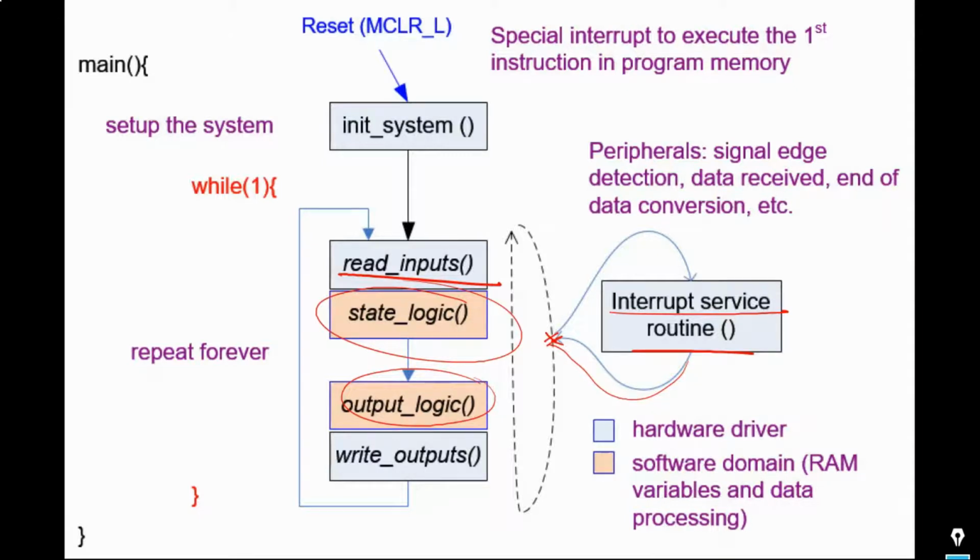So when the state logic is executed to determine where to go next, you have both the new and updated values of the signals that are read or polled in every cycle of the program, and you also have, if that is the case, the flags that have been set by means of the interrupt service routine. That is the idea.